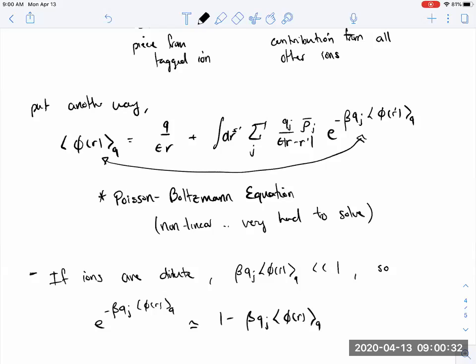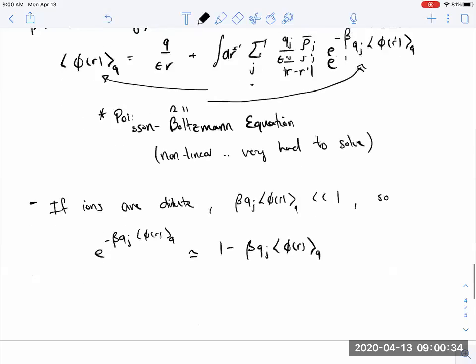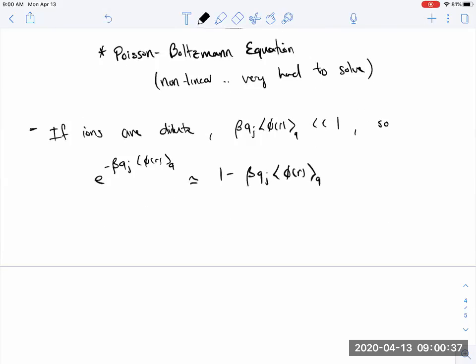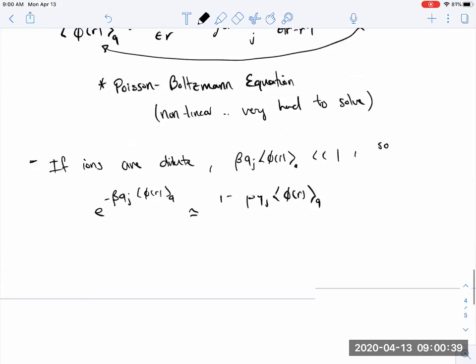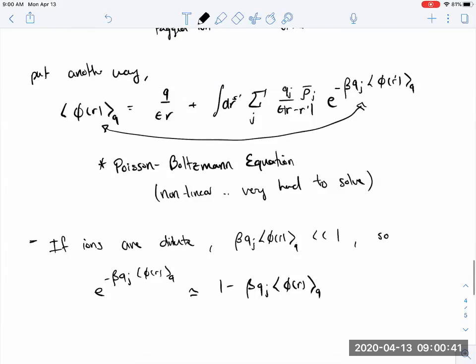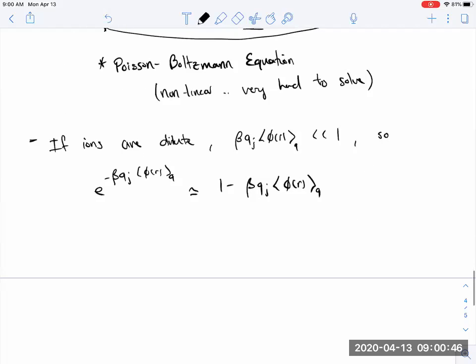That turns this nonlinear equation into a linear equation, and in fact simplifies things even more if we note that this exponential lived under this sum here, and we look at the consequences of this sum. So if we sum over species j, the bulk density of that species times its charge, that exponential lived under that sum.